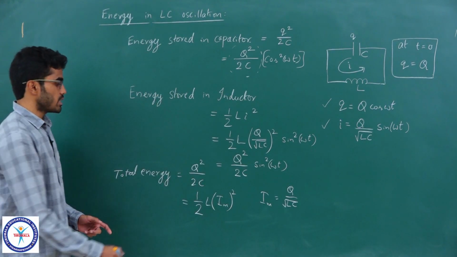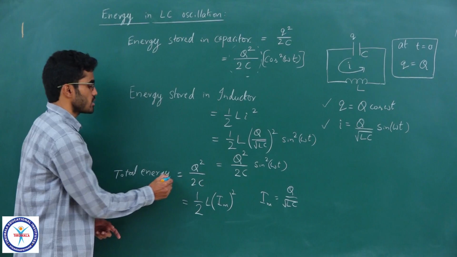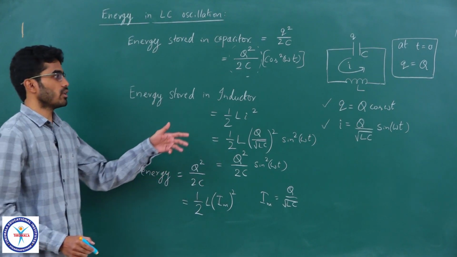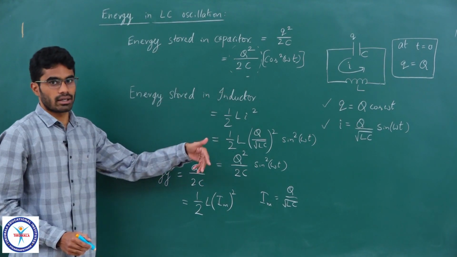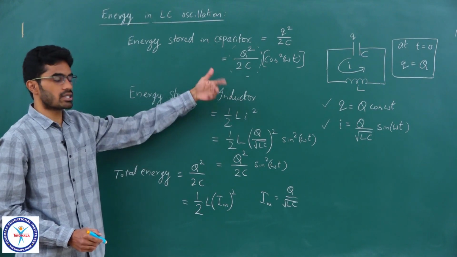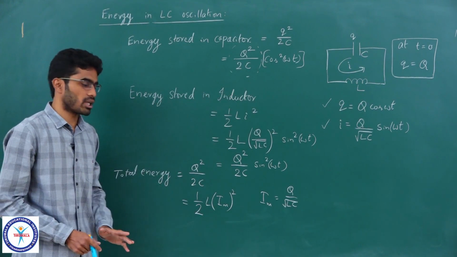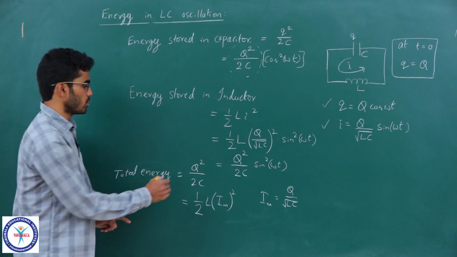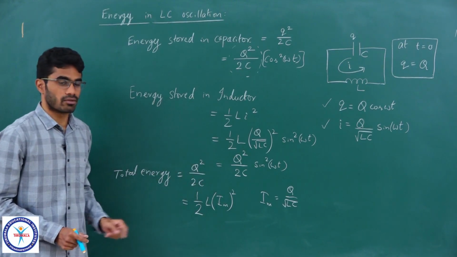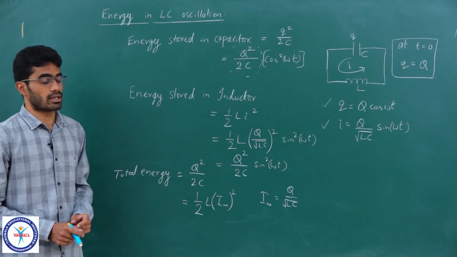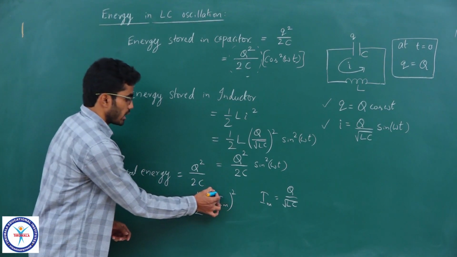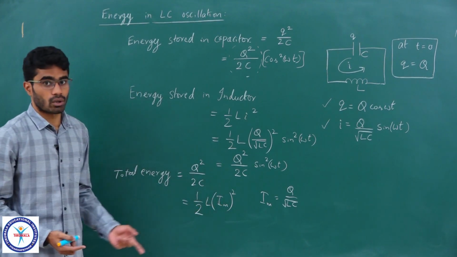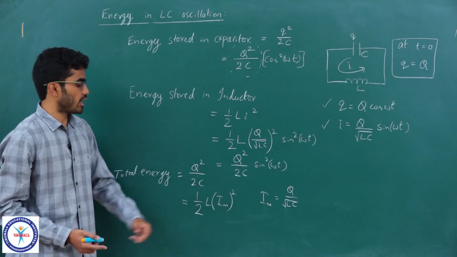So, the total energy is a constant here, energy is conserved, it just oscillates between the capacitor and the inductor. So, energy oscillates between these two, but the total energy remains a constant whose value is q square by 2c, where q is the maximum charge on the capacitor. Or you can write the expression using maximum current also. So, it is half L I maximum square.